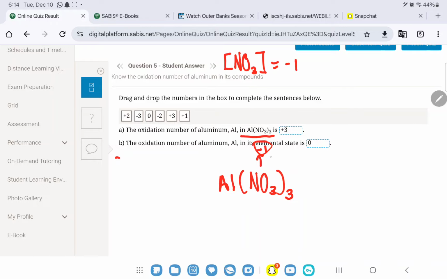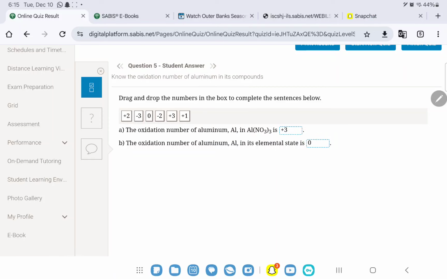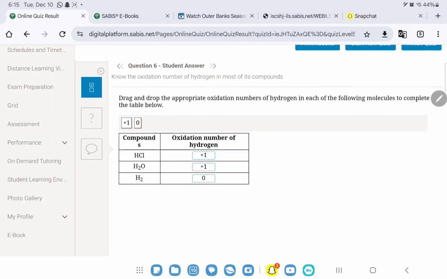So here you're multiplying this -1 by the 3, meaning you got -3 plus Al, aka X, gives you 0, making X equals 3. So the oxidation number of aluminium is 3. Now, it's asking you here, aluminium in its elemental state. We said all elements, their oxidation number is 0 in their elemental states. That's why it's 0. Now let's move on to the next question.